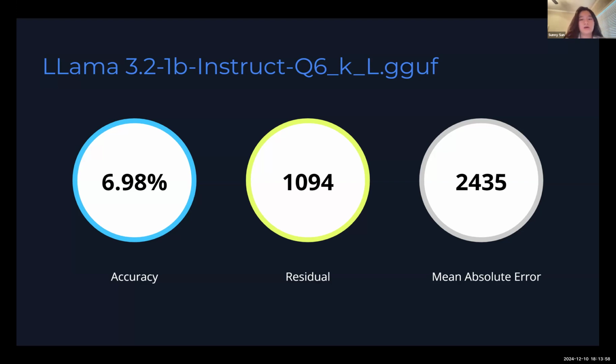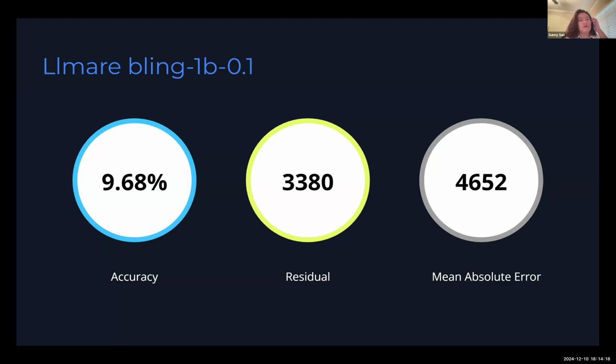This one is not doing a very ideal job. It's giving us an accuracy of 6.98% with a residual of 1,094 and a mean absolute error of 2,435. Next slide, please. The Llama Bling model is giving us a 9.68% accuracy, a little bit higher, with a residual of 3,000-ish and a mean absolute error of 4,000-ish.